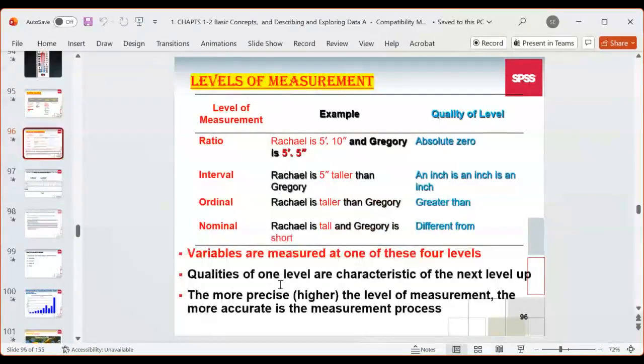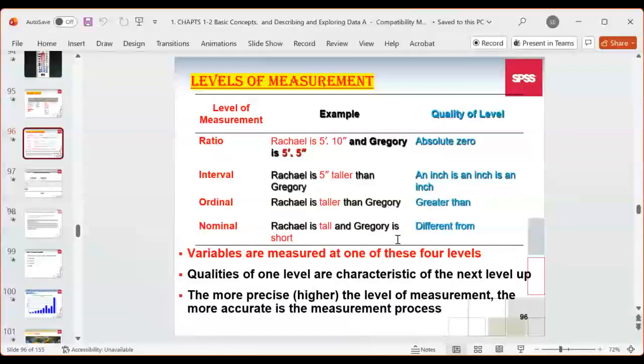So in general, if you put them together in this order and try to make sense: if you say somebody is tall, somebody's short, somebody's depressed, somebody's not depressed, like I mentioned. Rachel is tall and George is short. That's labeling. That's nominal scale. You're just looking at them at face value. Ordinal, you put them in order, like Rachel is taller.